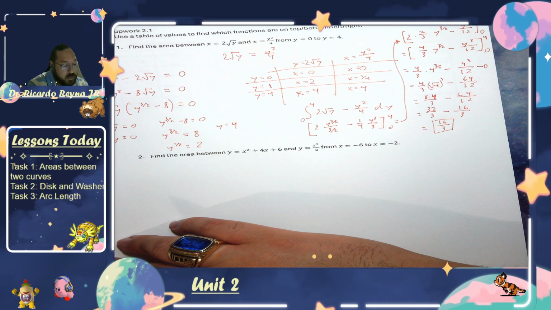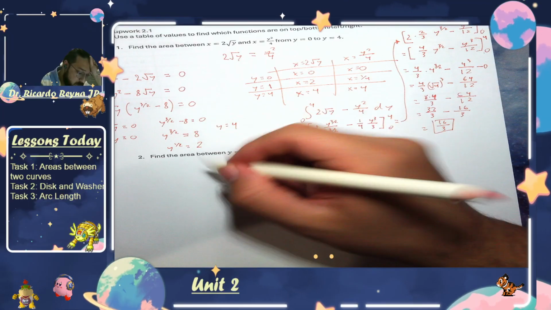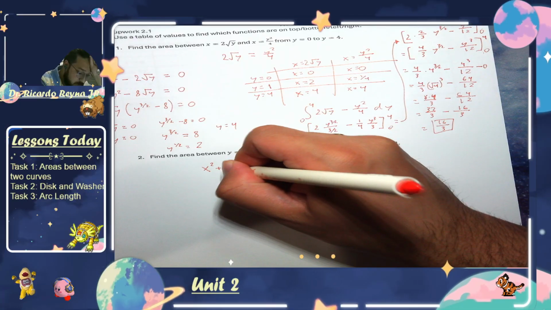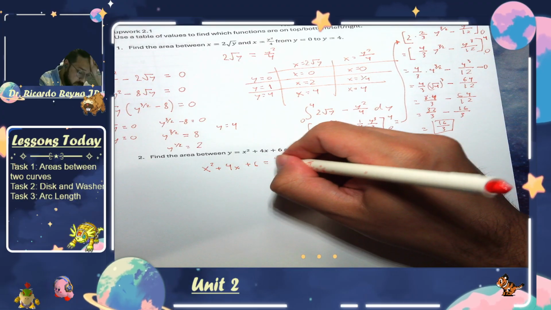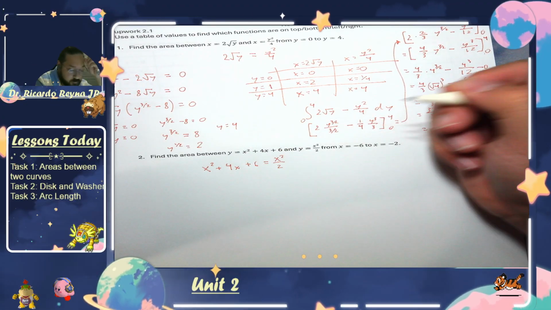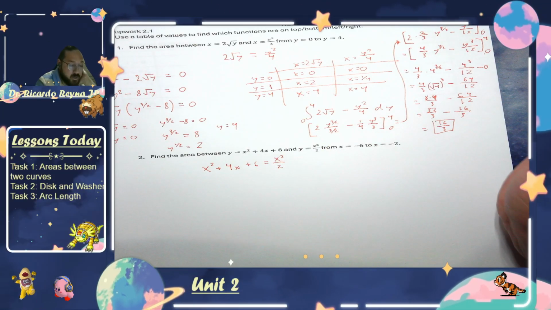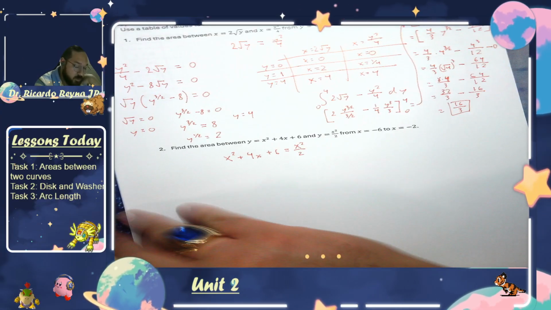So we have to do these. Let's go ahead and set them equal. So we got x squared plus 4x plus 6 is equal to x squared over 2. I don't like the fraction, so I'm going to multiply the whole thing by 2.